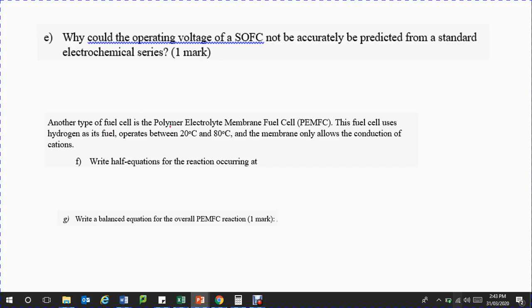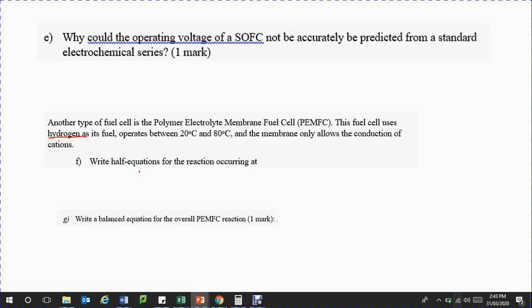Next part of the question. Another type of fuel cell is the polymer electrolyte membrane fuel cell. This fuel cell uses hydrogen as its fuel, operates between 20 degrees and 80 degrees, and the membrane only allows the conduction of cations. So I need to write the half equations for the reaction occurring at the anode and the cathode.